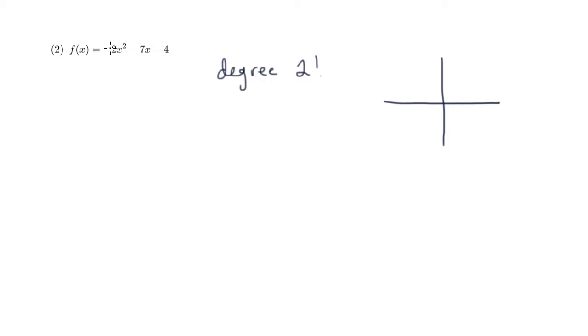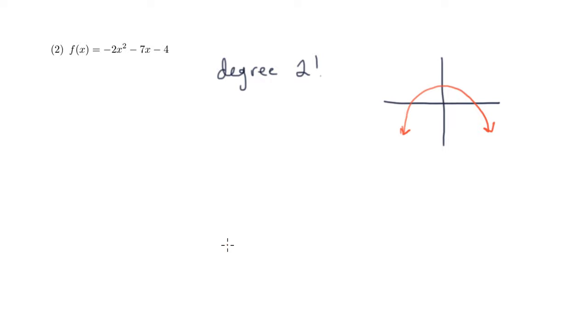But because the leading coefficient here is negative, I know it's going to be inverted, like that. So as x goes to infinity, f is going to minus infinity, and as x goes to negative infinity, f is also going to negative infinity.